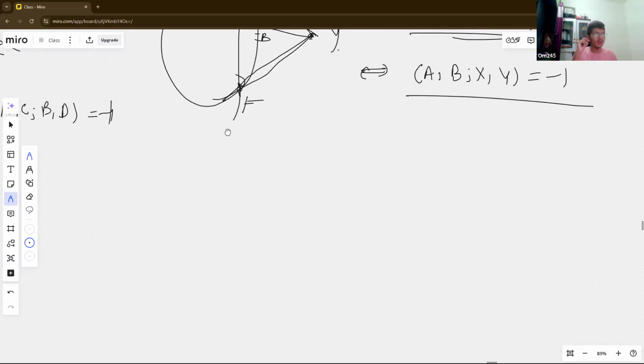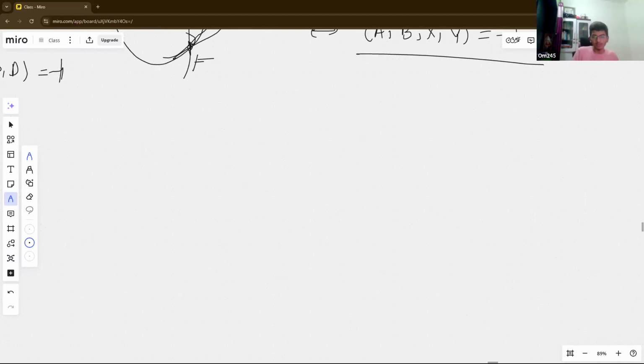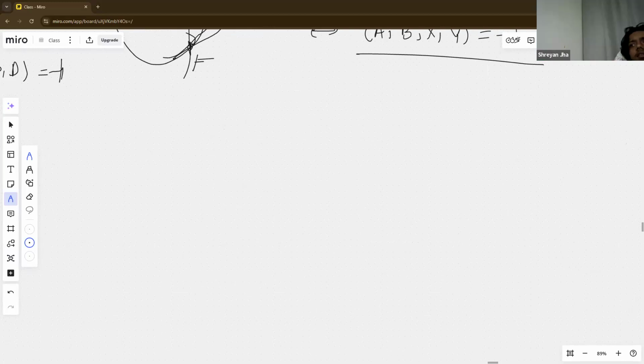This harmonic thing may feel random, but it is sometimes very useful. There's one useful application I can cover quickly. It's okay, we have 10 minutes left. Does anyone have any doubt first? Yes, the first thing was about the axis.